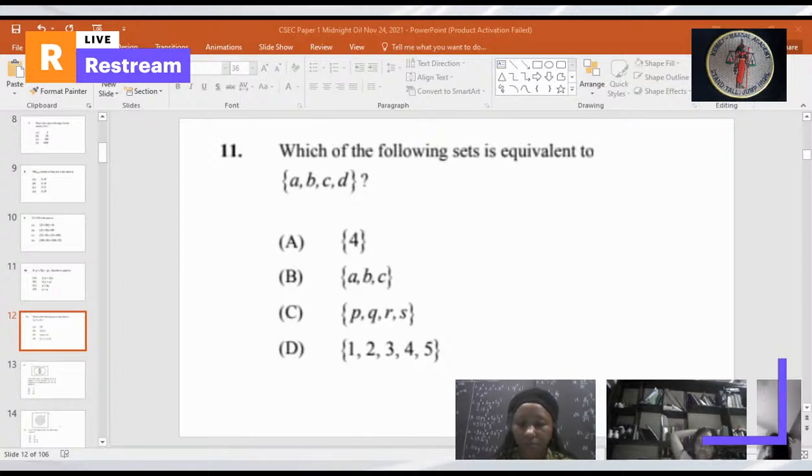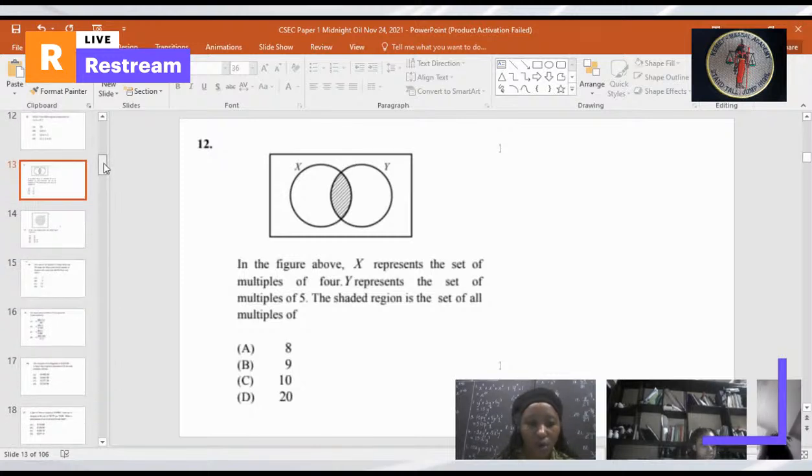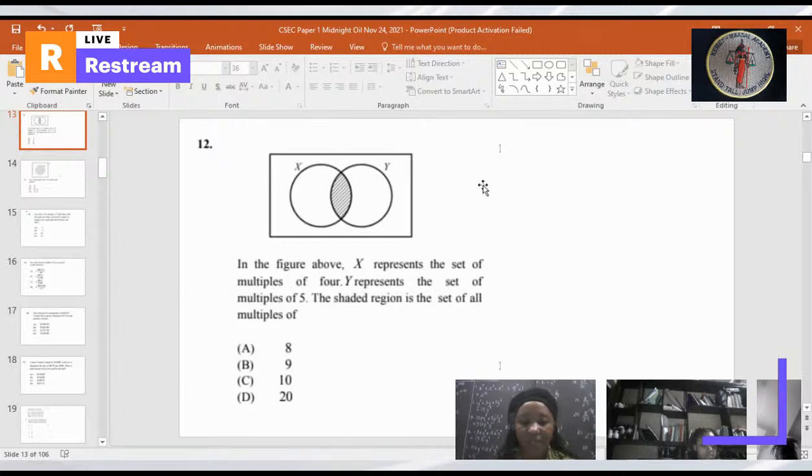Miss, for that one, I would put C, PQRS, because even though they don't have the same exact elements, it's the same amount of elements. Right. So equivalent sets need to have the same number of elements, not necessarily the same elements, but the same amount of elements.